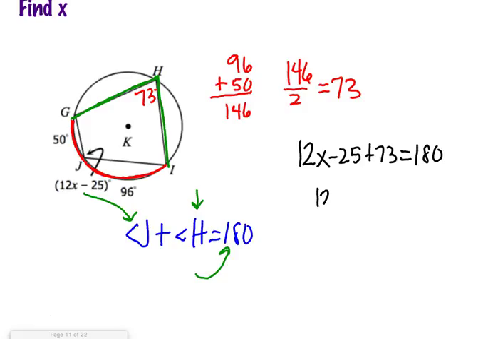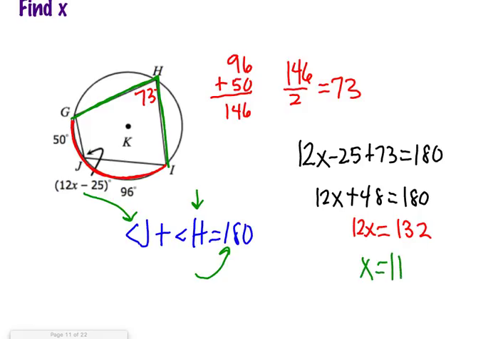I'm going to have 12x plus 48 equals 180. Subtract over my 48, and I'm going to get 12x equal to 132. Dividing out, x equals 11. We did it. Good work.